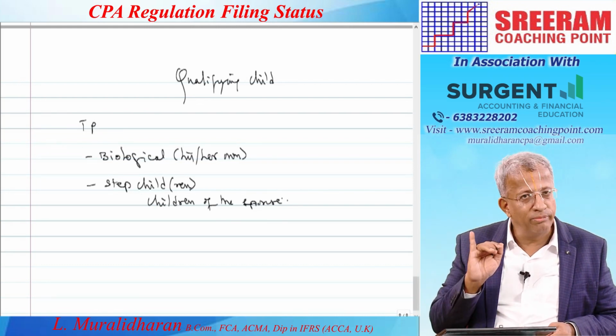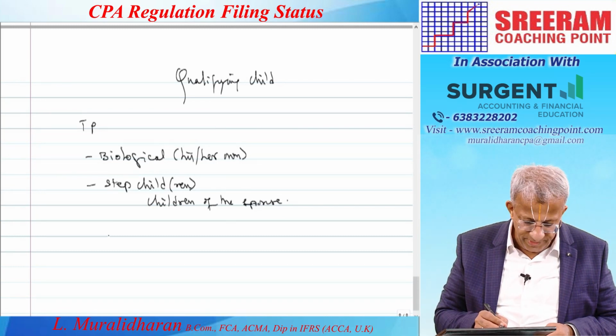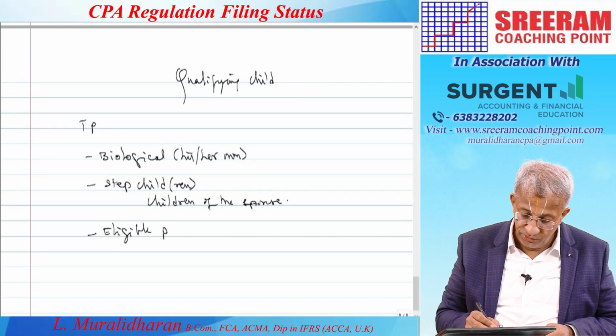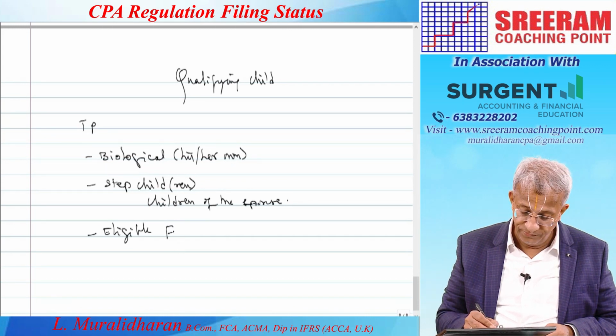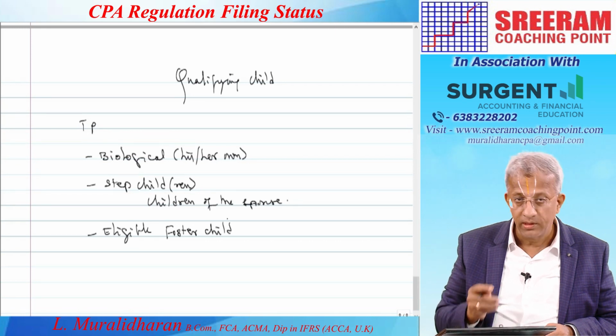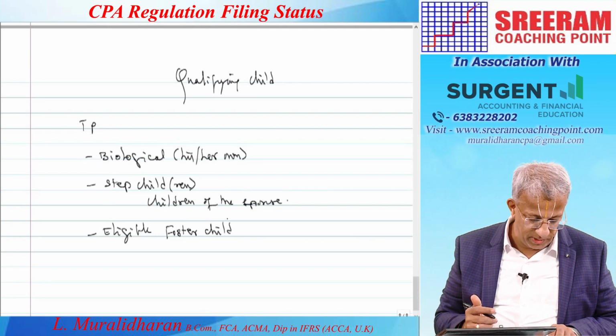So, number 1 biological child, then number 2 stepchild, then eligible foster child, that is, adopted children or child as the case may be.